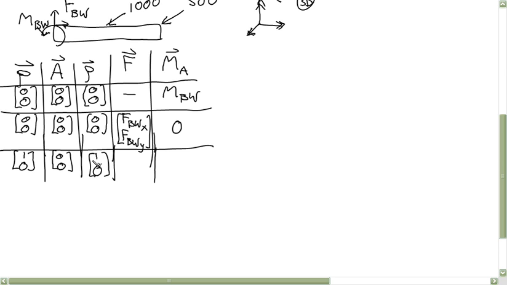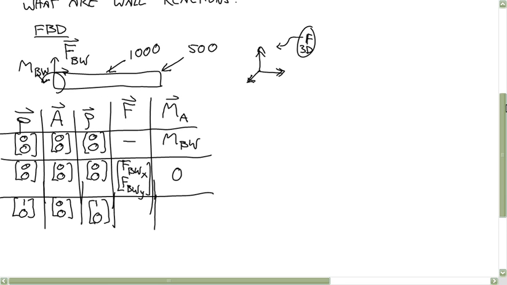So 1, 0 minus 0, 0 is 1, 0. That force is, since that's 30 degrees, negative 866, negative 500. And now this is going to be our first non-zero moment about A. 1 times negative 500 minus 0, so negative 500.